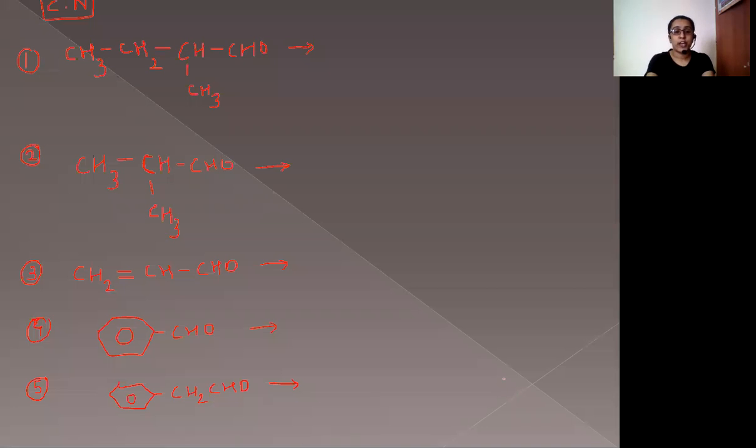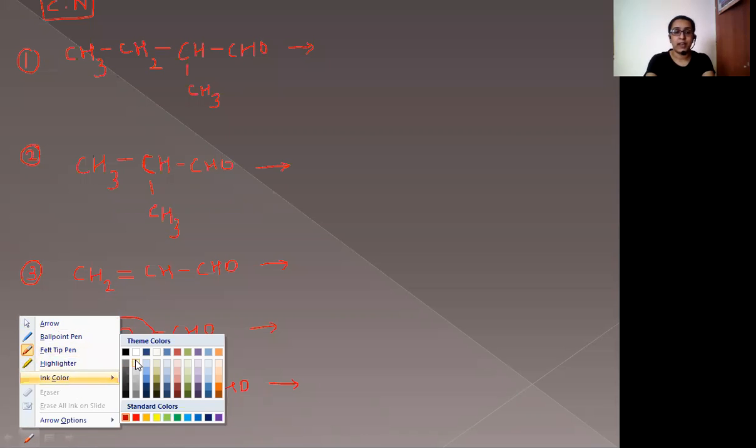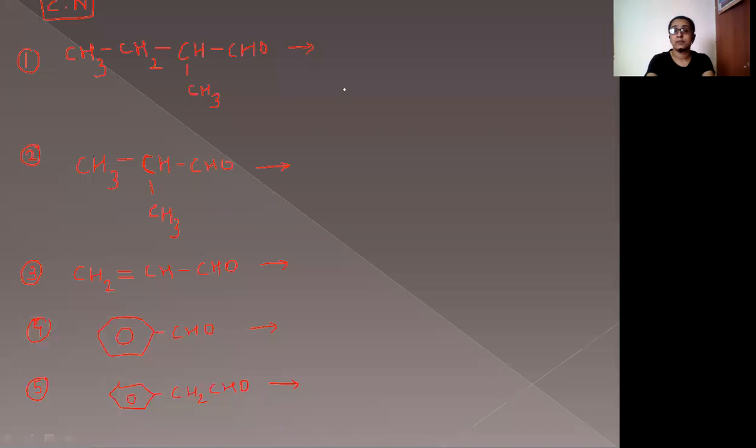So now we'll practice some examples. Firstly, we will try to write the common name, and then we will try to write the IUPAC name. So CH3, CH2, CH, CH3, CHO.